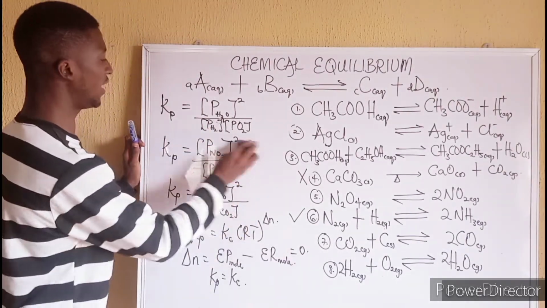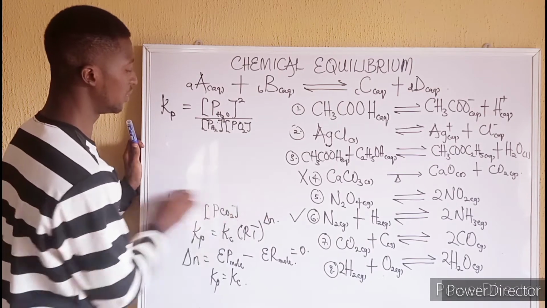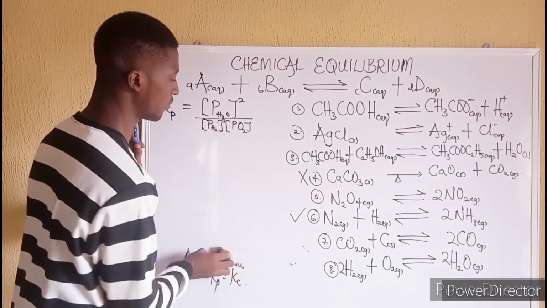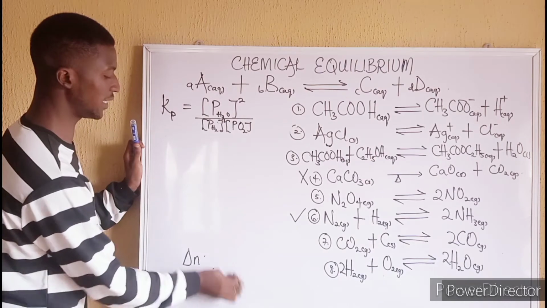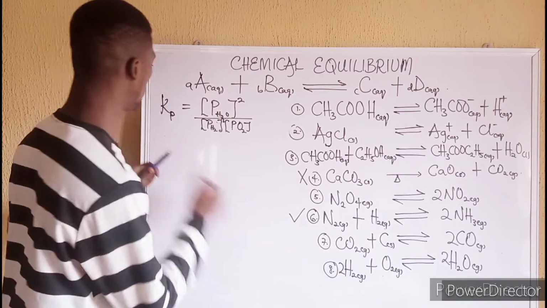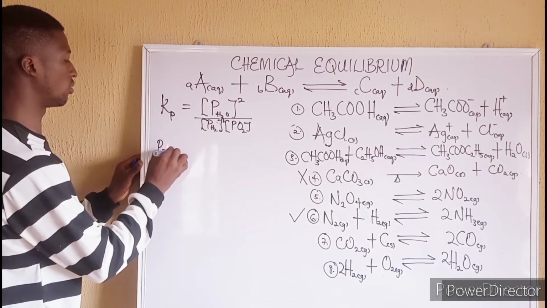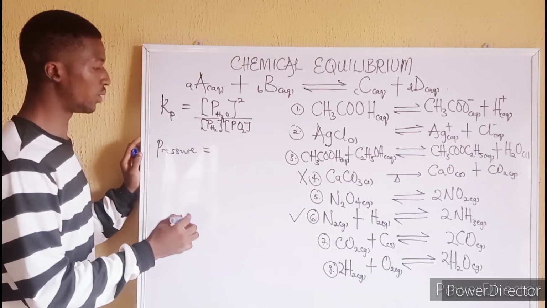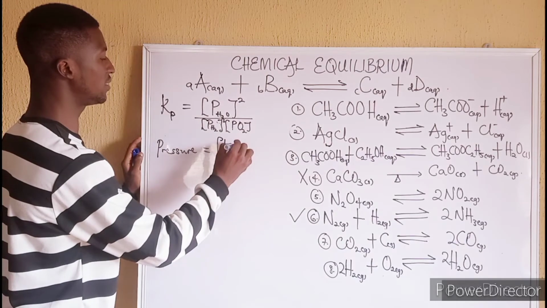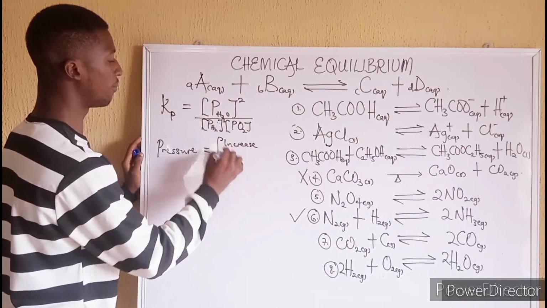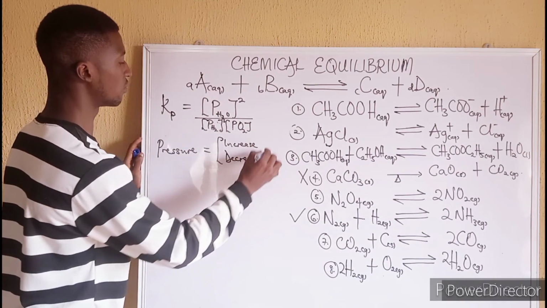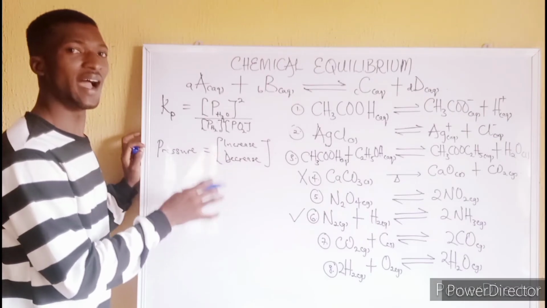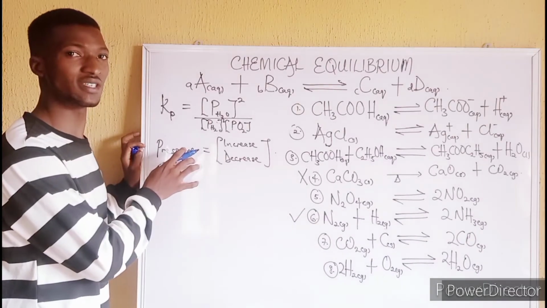Okay, now let's look at the factors that affect reactions at equilibrium. The first one we're going to consider is pressure. Pressure affects equilibrium in 2 major ways, either by increase or by decrease, in chemical reactions in a gaseous system.